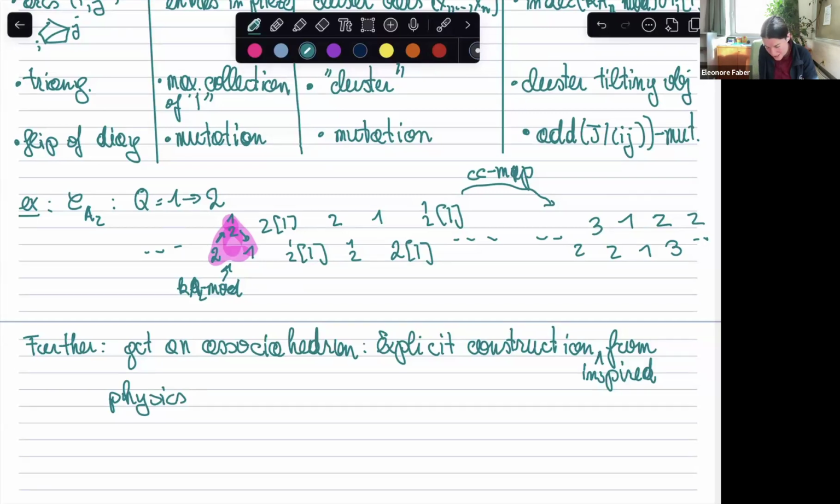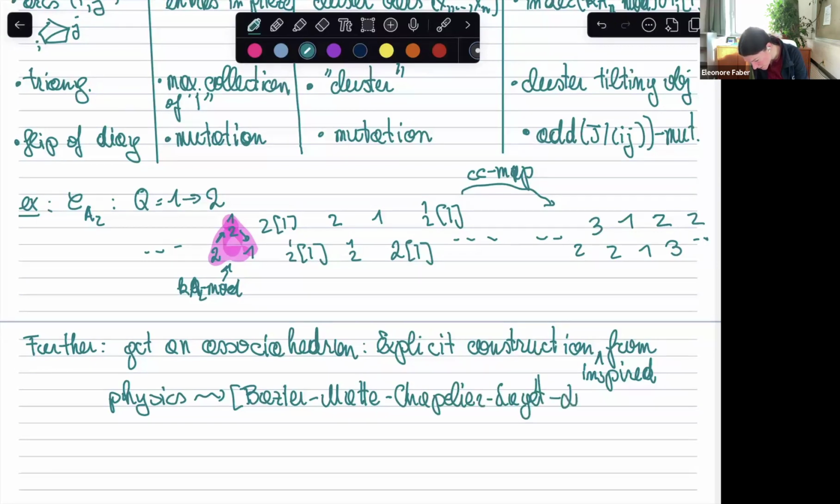So these are all physicists, and they were looking at so-called scattering amplitudes, and somehow this was then translated to representation theory in a nice paper by Mat, Chapelier, Laguet, Touville, Moussaband. That's too many names.